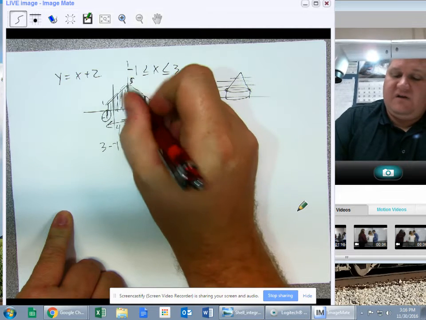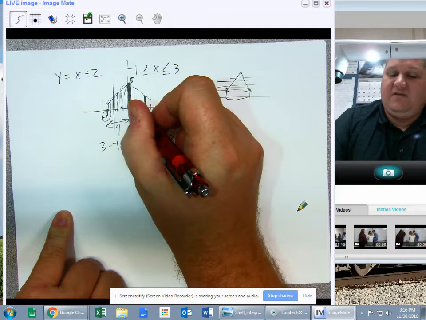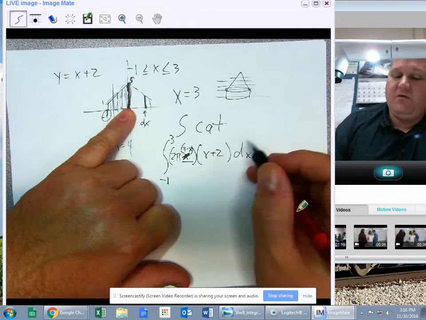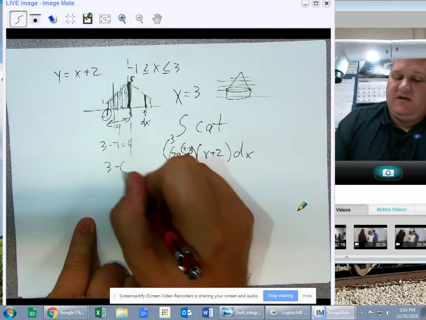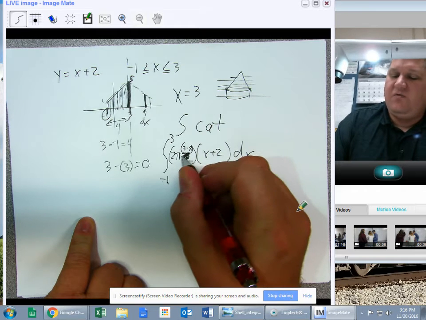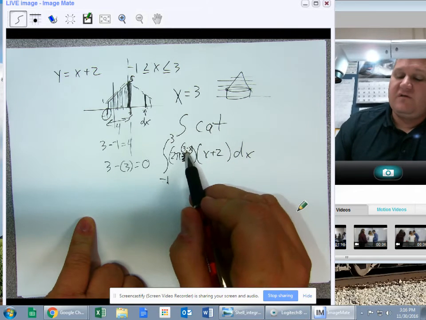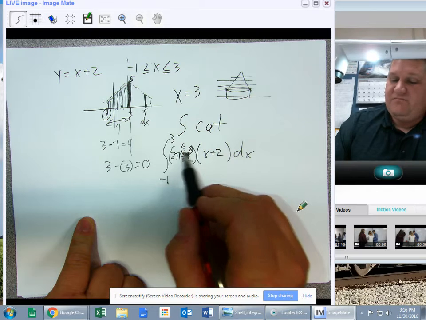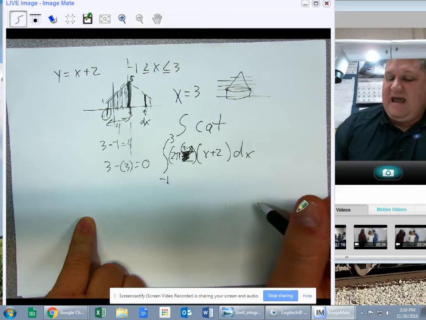Now let's see if it works in here in the middle. Once you get to 3, the radius would indeed be 0. So you say 3 minus 3, and that equals 0. So the radius here, the way you adjust it in cylindrical shells, is by subtracting and adding.